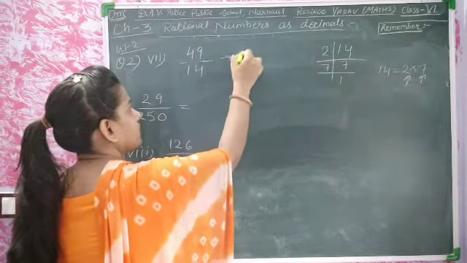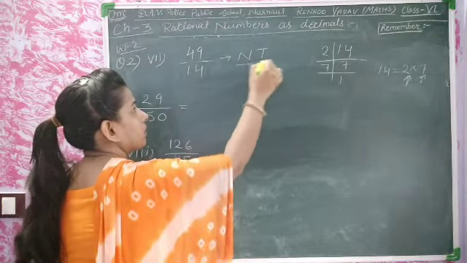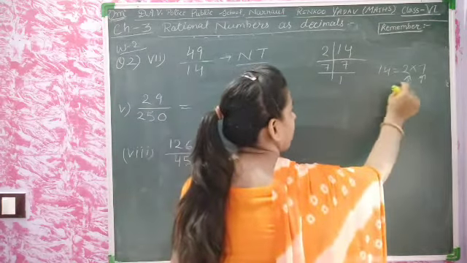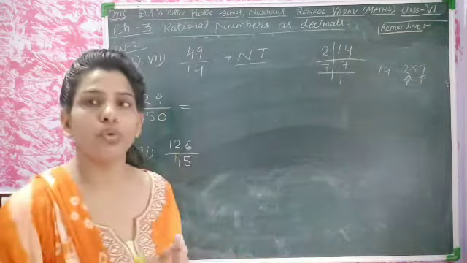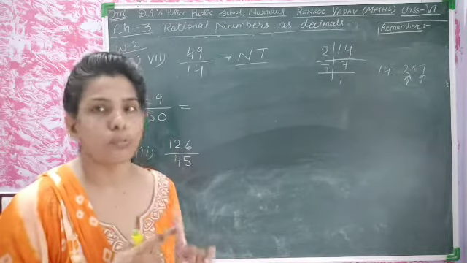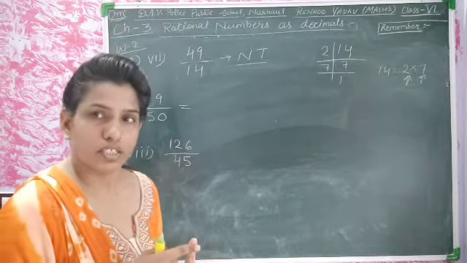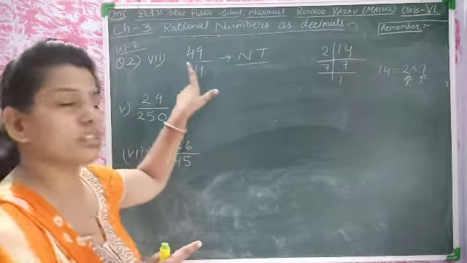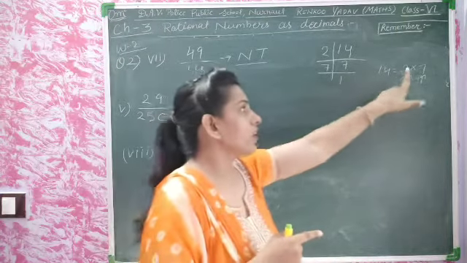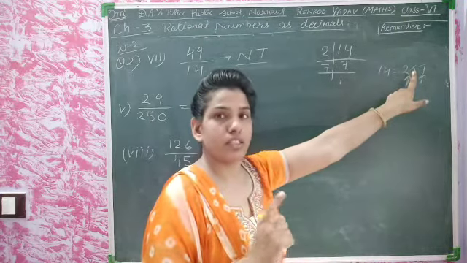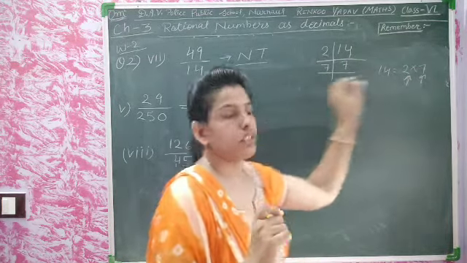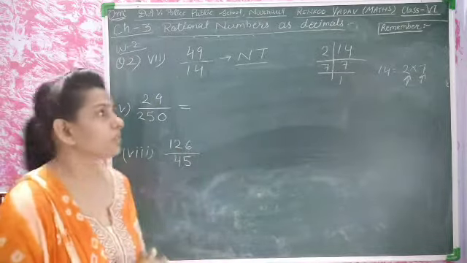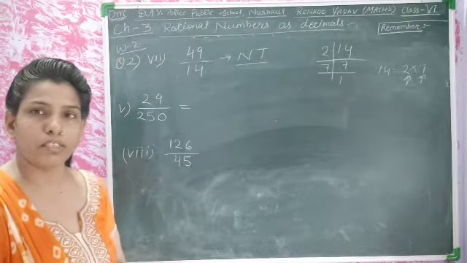It means this is non-terminating, because if the prime factorization of any denominator is only 2 and 5 or both, then that number is terminating. Otherwise, if there is a prime factor other than 2 and 5, it means that it is non-terminating. It means this is a non-terminating number.